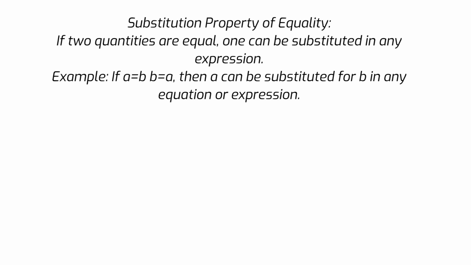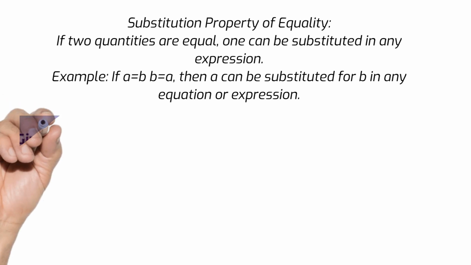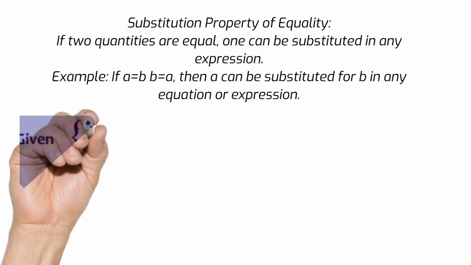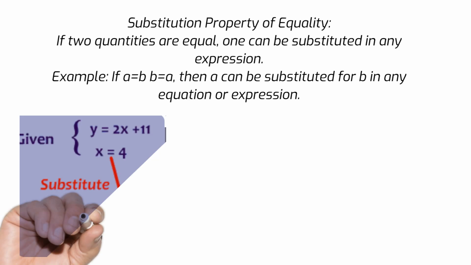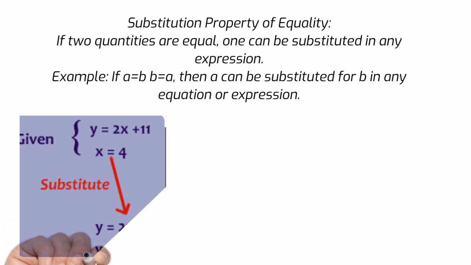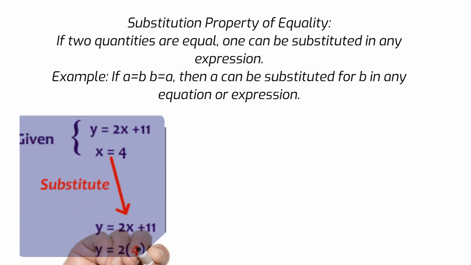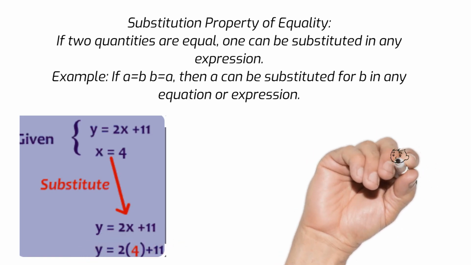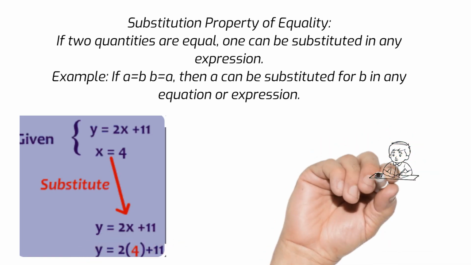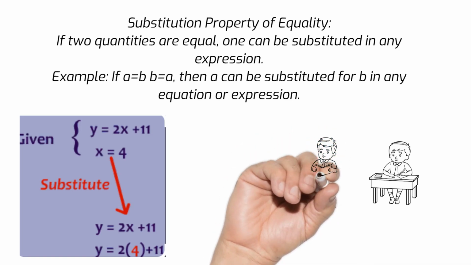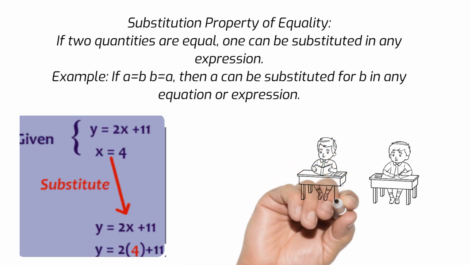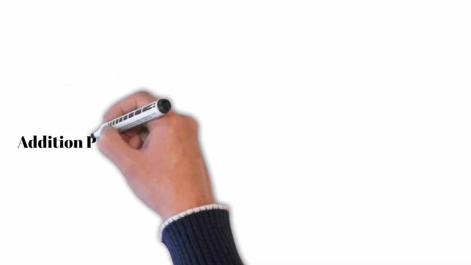There are so many examples where you are given an equation, y is equal to 2x plus 11, and you are told that x is equal to 4. You can simply substitute 4 into the equation to get the value you are looking for. So 2 times 4 plus 11.